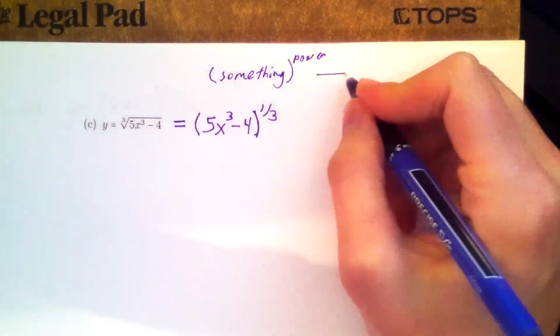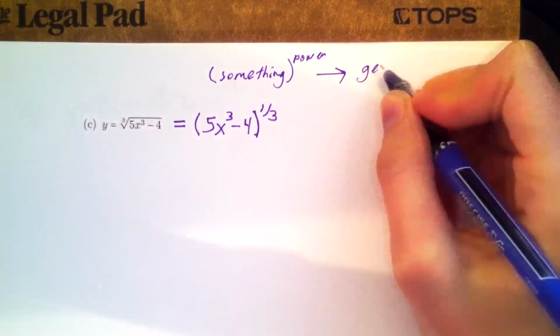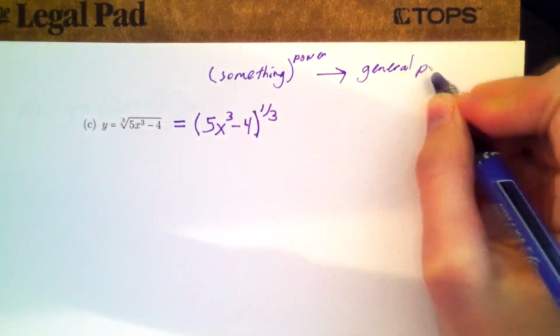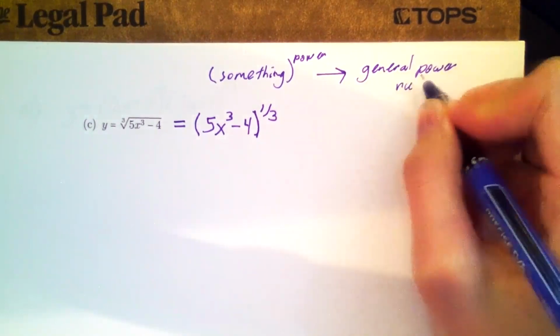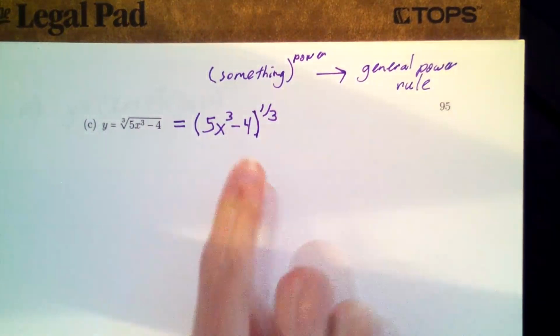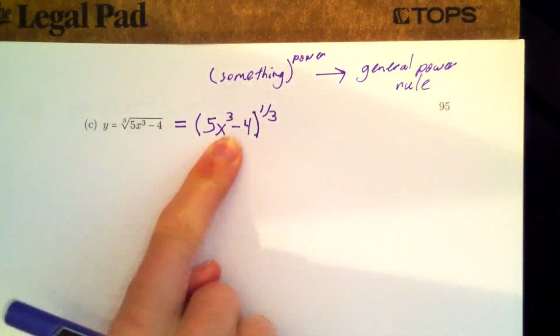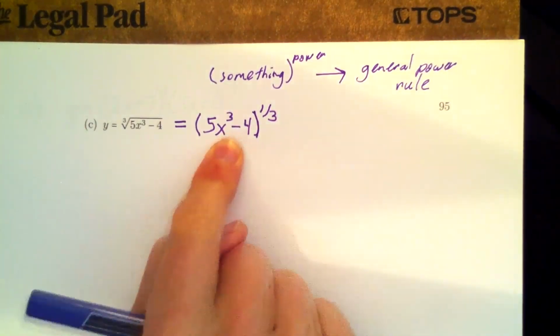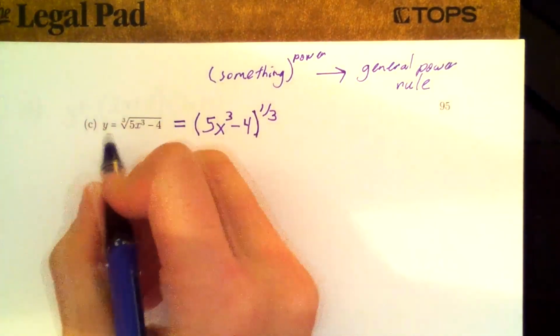When that happens, that is a classic case of having to use this general power rule we're learning today. It'll always look like: do a power rule on that, leaving the inside alone, and then multiply by the derivative of the inside. So let's do it.